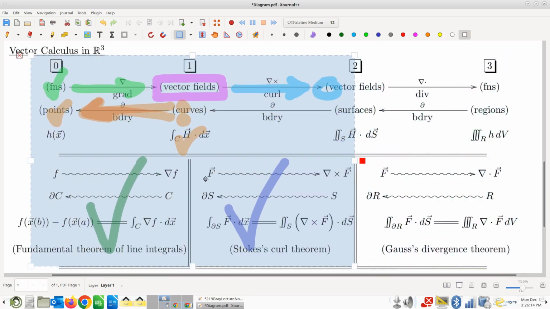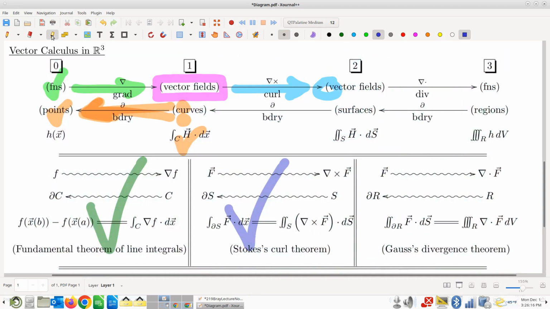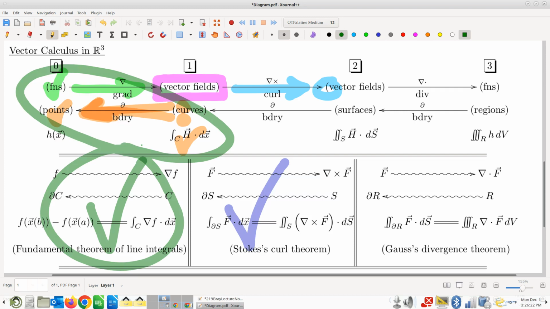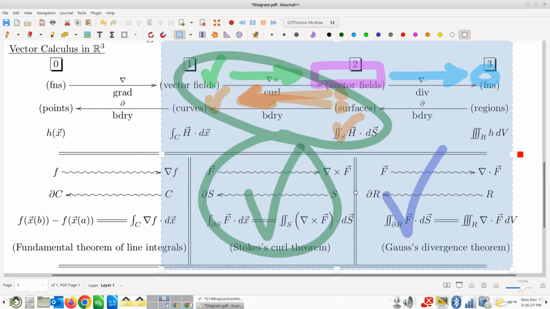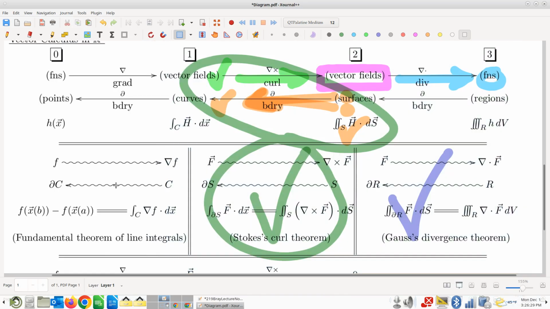In the same way that the fundamental theorem allows us to relate those, likewise, Stokes' theorem just allowed us to relate these.